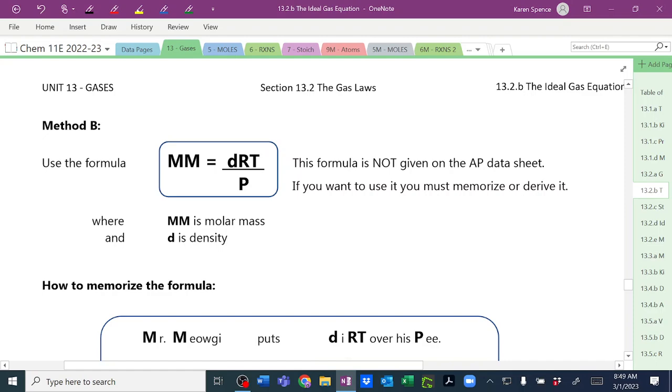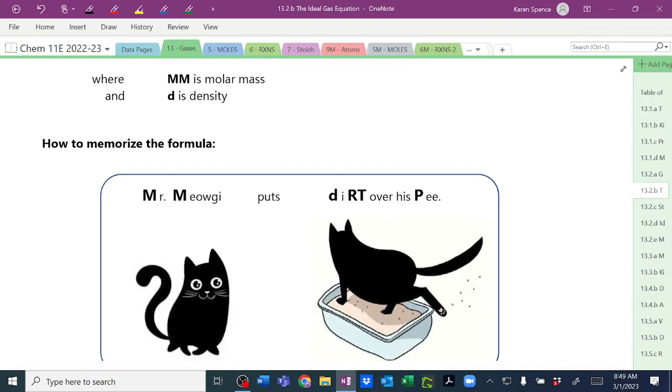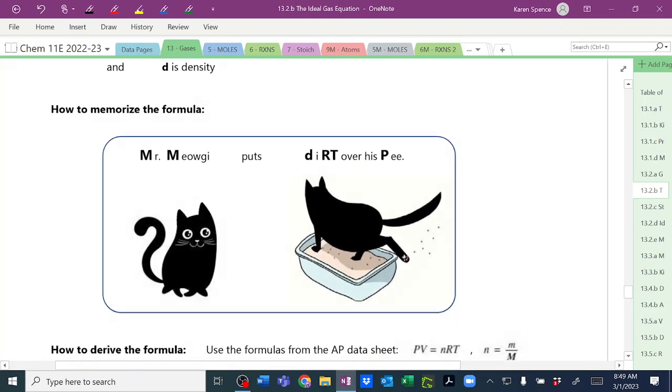And here is how you can memorize it. Because we have a little picture that you are unlikely to forget. Mr. Miyagi, okay, puts dirt over his pee, okay?